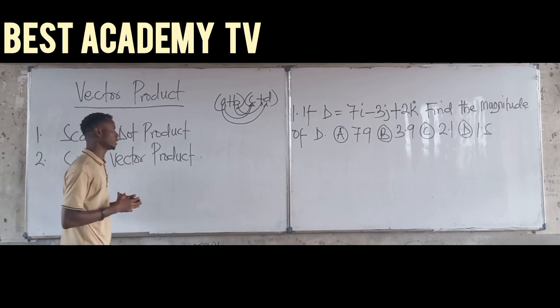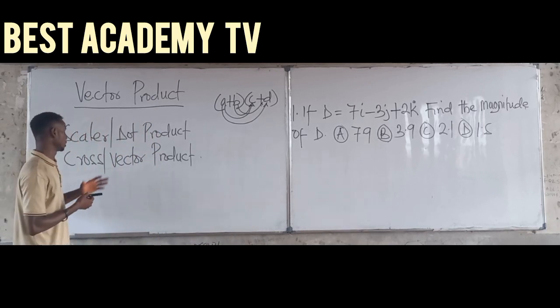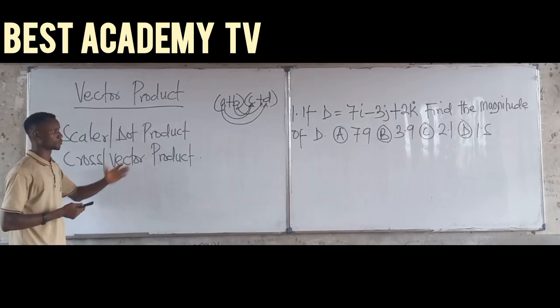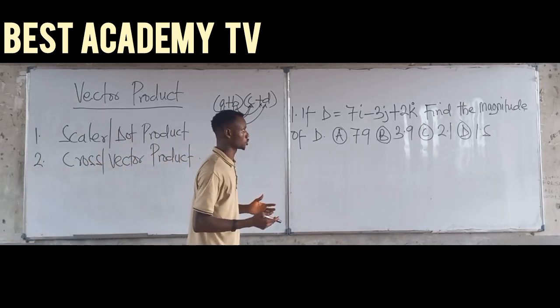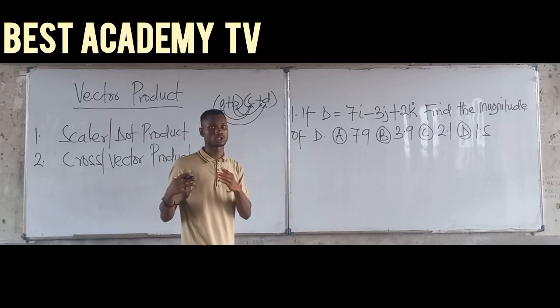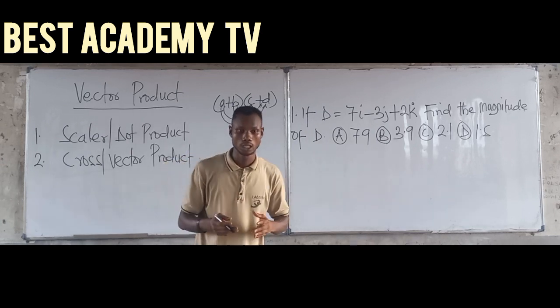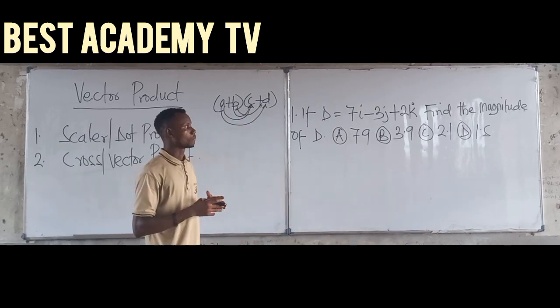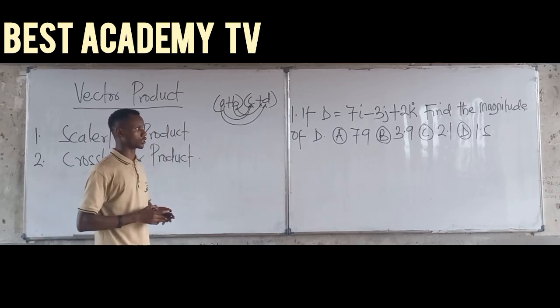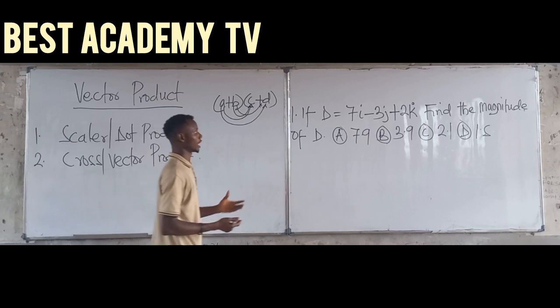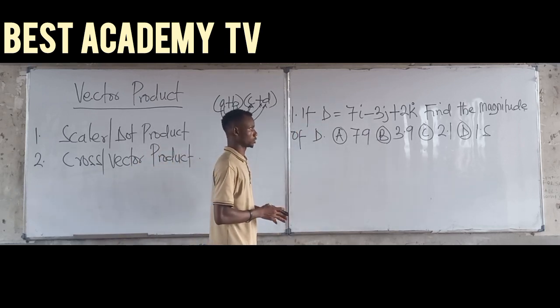We have considered some questions on scalar or dot products. Now let's consider a question on magnitude, because without magnitude we can't calculate any question on angle relating to dot product. So let's know how to calculate magnitude.